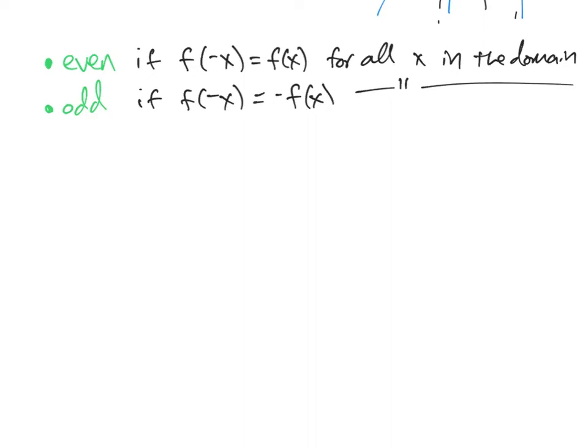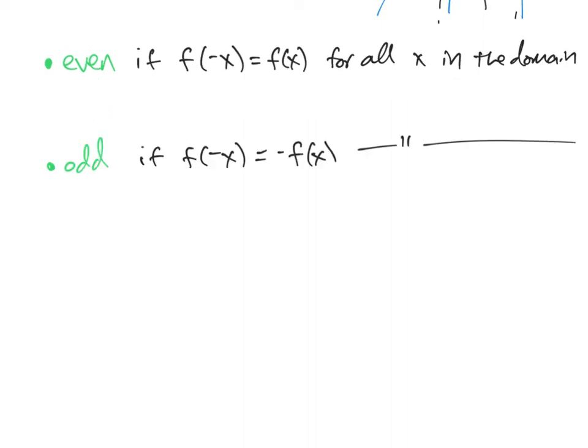That's for all x in the domain. Now let's give ourselves some space and talk about some examples. Some examples of even functions. The reason they're called even, I guess, is that any even power of x is an even function.